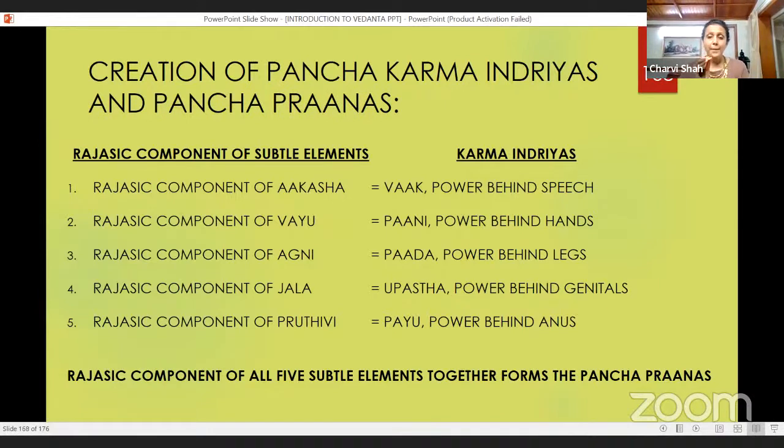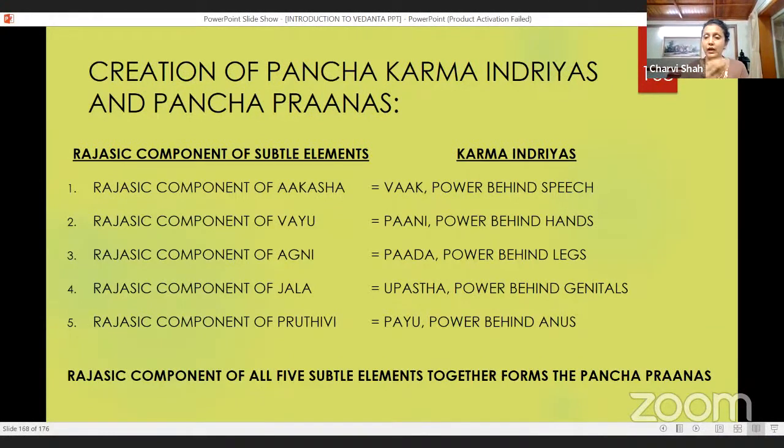Okay? And what is the connection? The rajasic component, Rajoguna, means the Kriya Shakti. Kriya Shakti has to be responsible for the karmendriyas. Jaise the Sattva Guna is the Jnana Shakti, and Jnana Shakti was responsible for the 5 sense organs of knowledge, the Jnanendriyas.